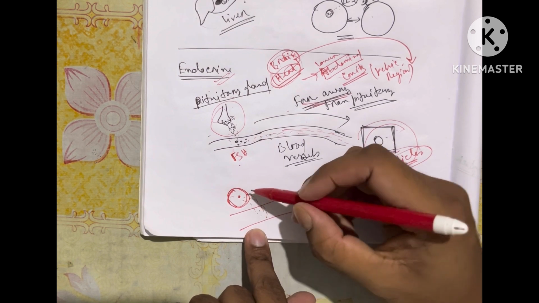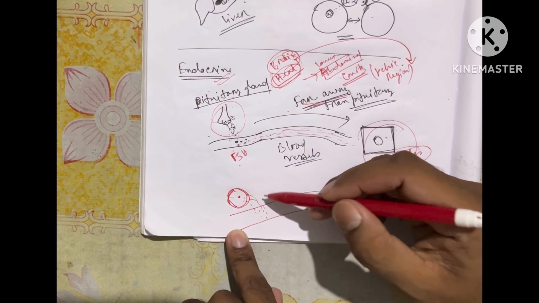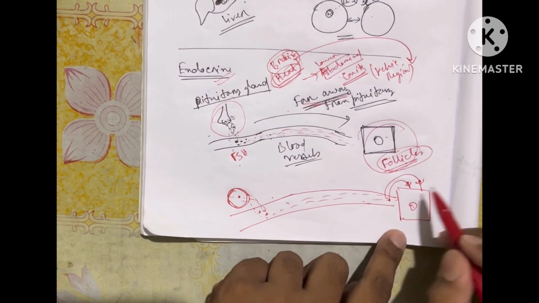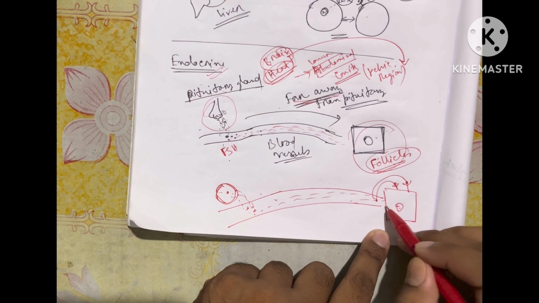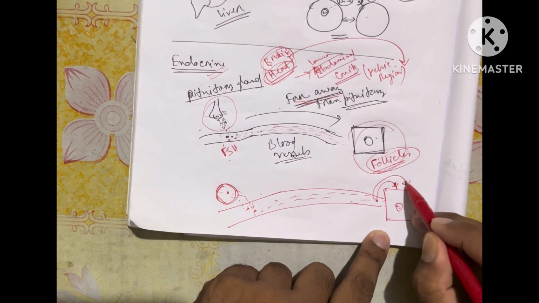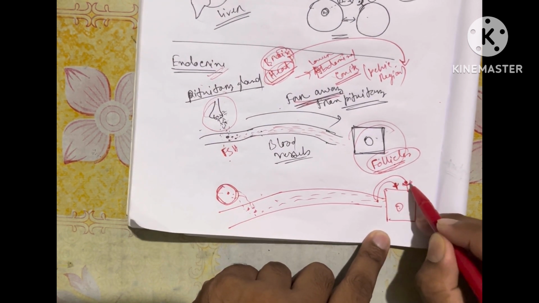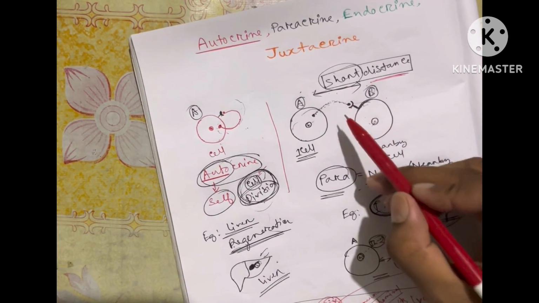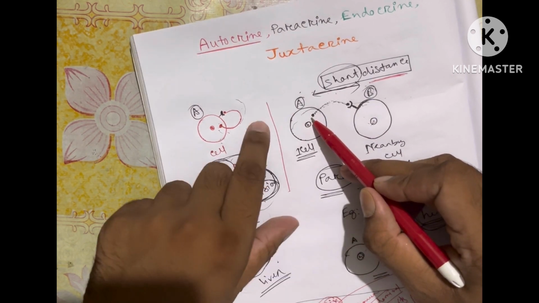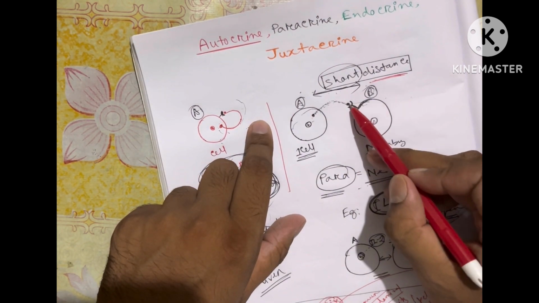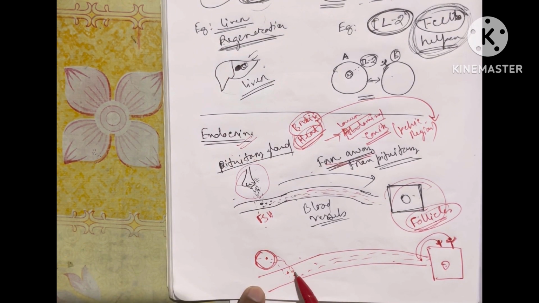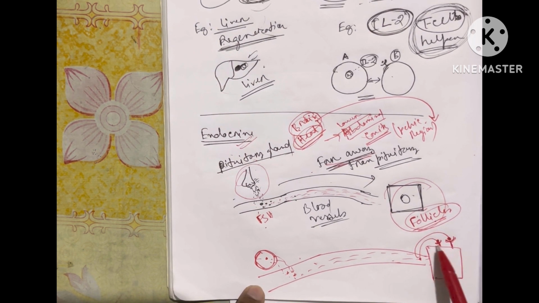Here the particular cell ejects the hormone into blood vessels, and through the blood vessel it reaches the site of action, and that cell receives those hormones by the receptors attached on the cell surface. The same as our paracrine: one cell is secreting a hormone and another is receiving it through cell surface receptors.